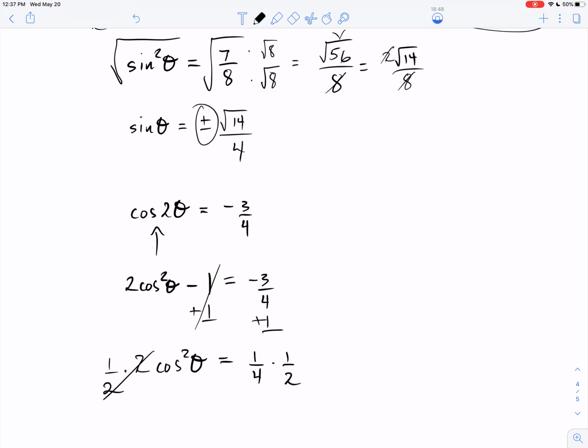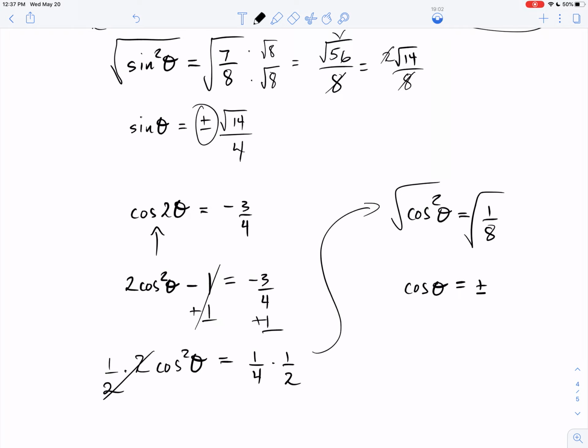I could get cosine squared theta equals 1/8. I could root this, and then I'd say cosine theta equals plus or minus the square root of 1, which is 1, over the square root of 8. I could get this out of the bottom. I could. And I'd have plus or minus.